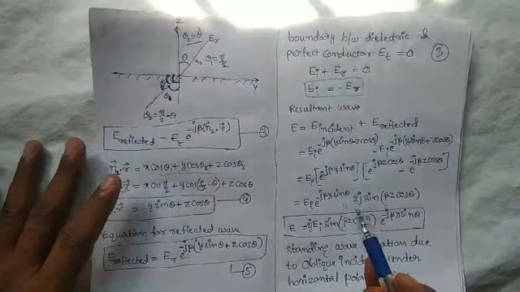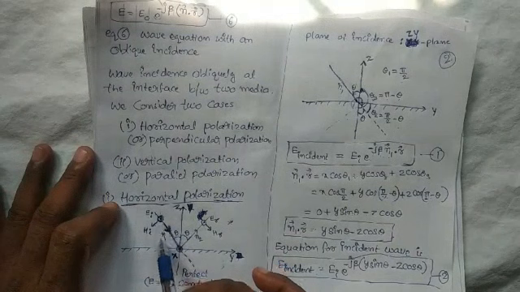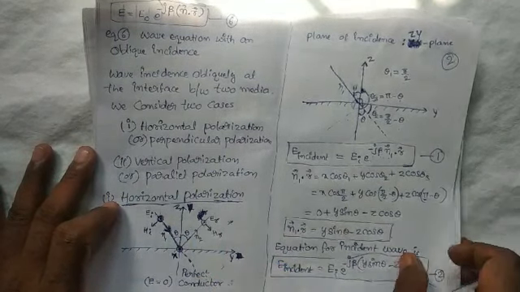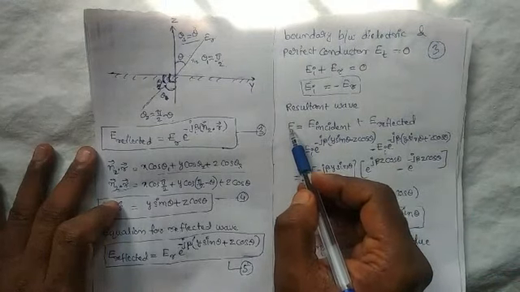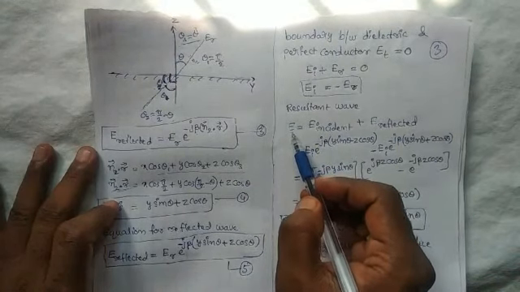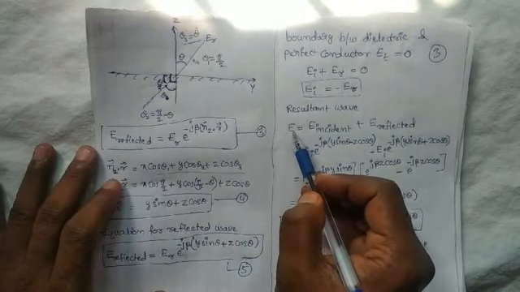Here now we are observing the resultant wave equation. How can we express the resultant wave equation in terms of the incident wave and the reflected wave? Here E is the resultant wave. This is the standing wave. We are obtaining the standing wave equation.